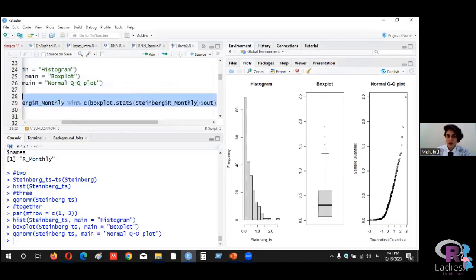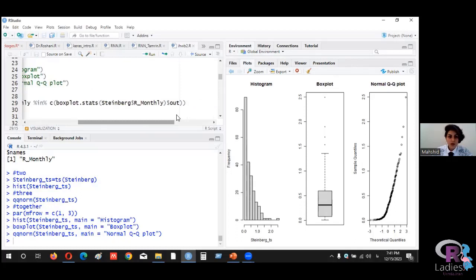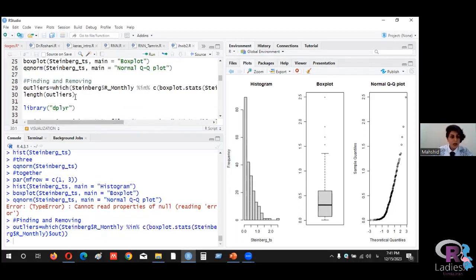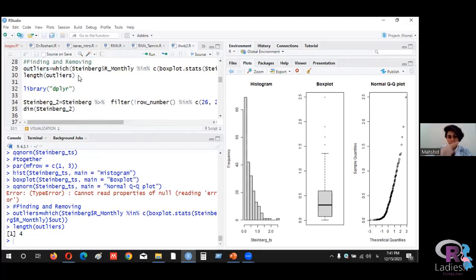This is a code, which we can share in our script after the session, by using which function you can find the exact place of the outliers. I've named it outliers, and if I check the length of the outliers, you can see that it is 4.